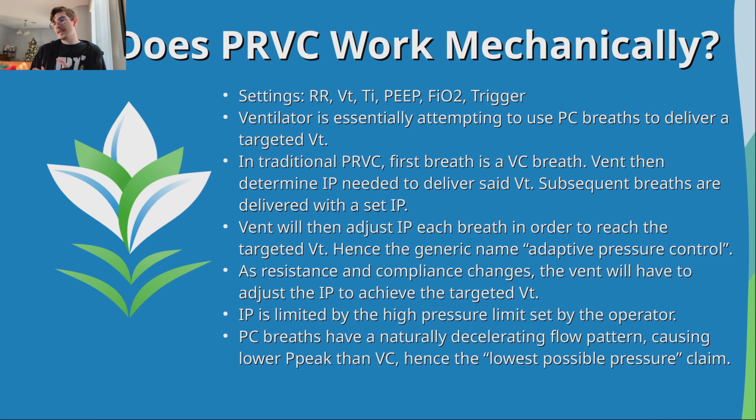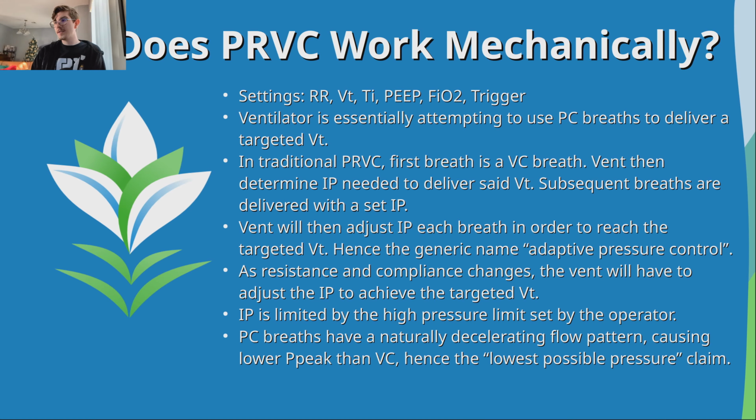Basically, as resistance and compliance change, the vent will have to adjust the inspiratory pressure to achieve the targeted tidal volume. Your inspiratory pressure is limited by the high pressure limit set by the operator. So your peak pressure alarm, your high pressure alarm, limits your inspiratory pressure.